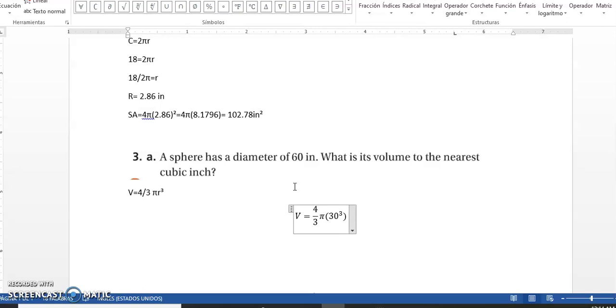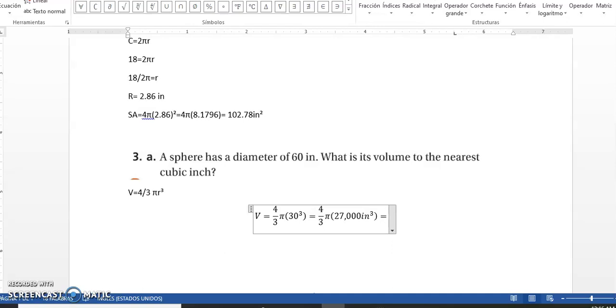Now this result will be 4 divided by 3 multiplied by pi, and 30 to the third power. In this situation it will be inches cubed. Now the next step is to use the calculator, because we are not keeping the term of pi.